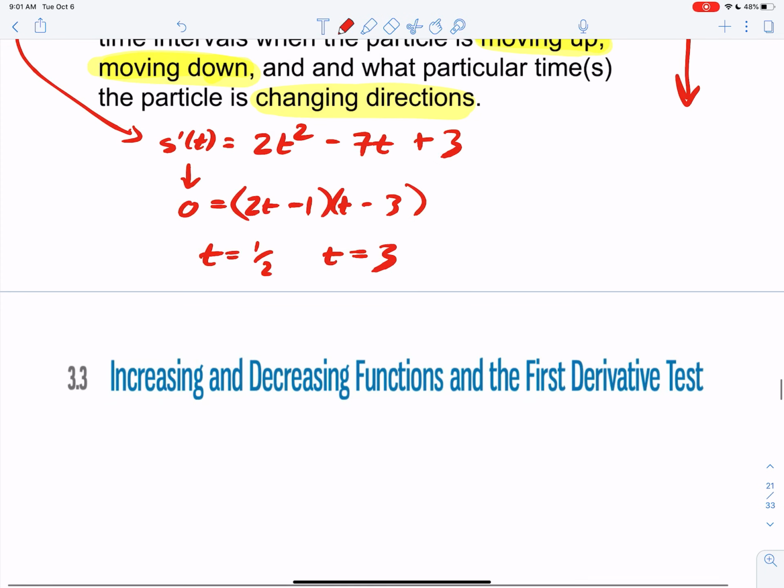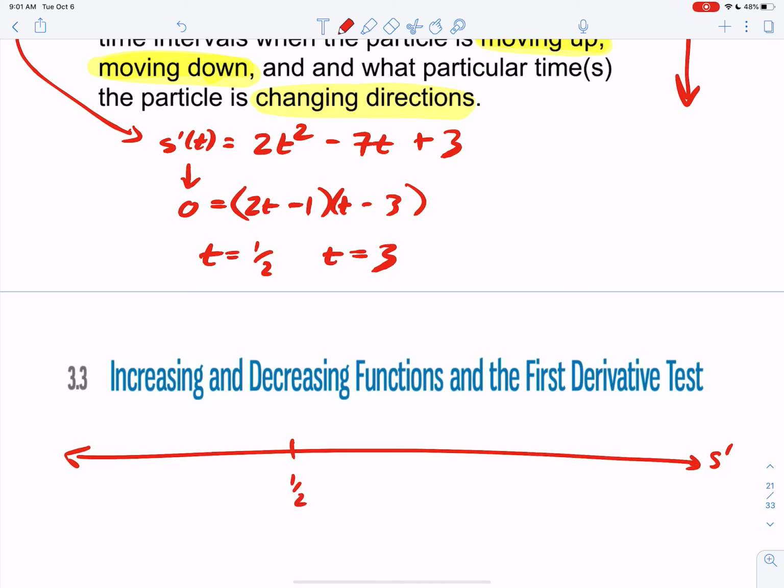So here we go. This is going to be S prime. I have 1/2. I have 3. You could even put a blocker at 0 to remind yourself that time has to start at 0. Test values, okay, 1, 4. This first one here might be hazy, but if 1/2 is 0.5, you could do 1/4 or 0.25.